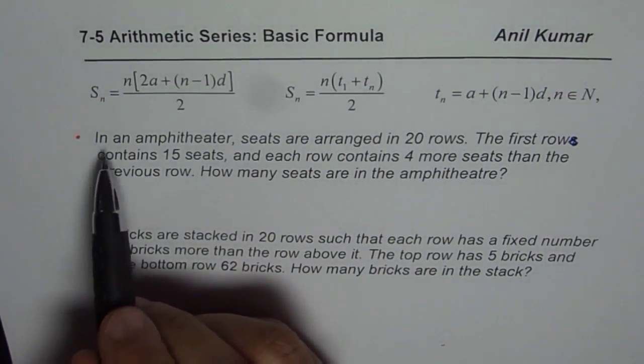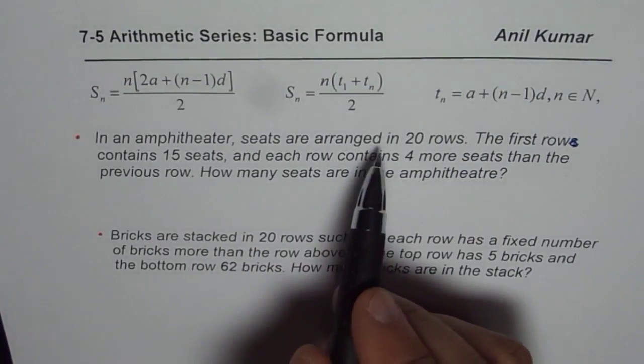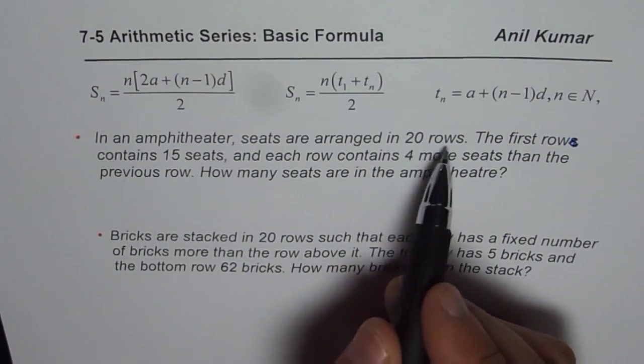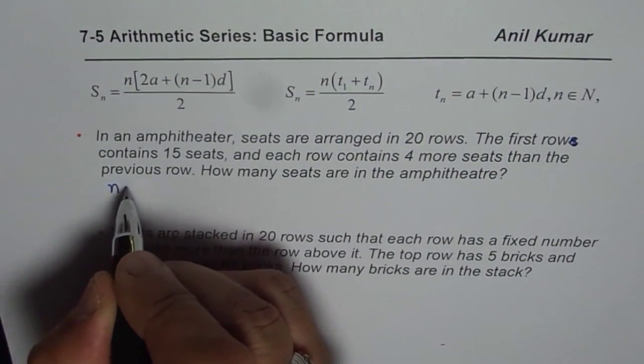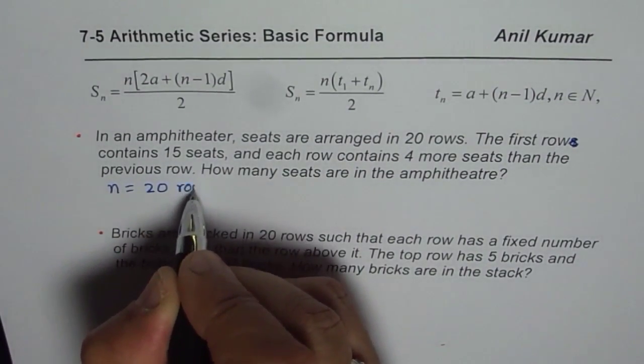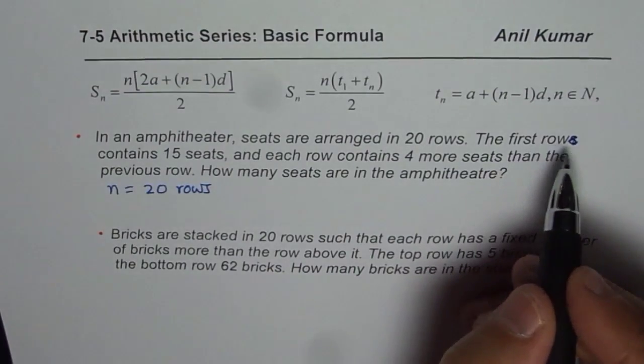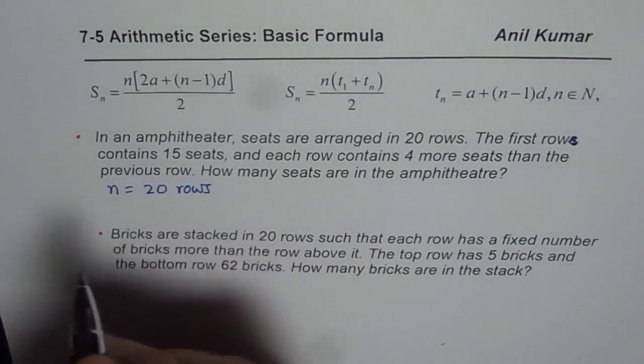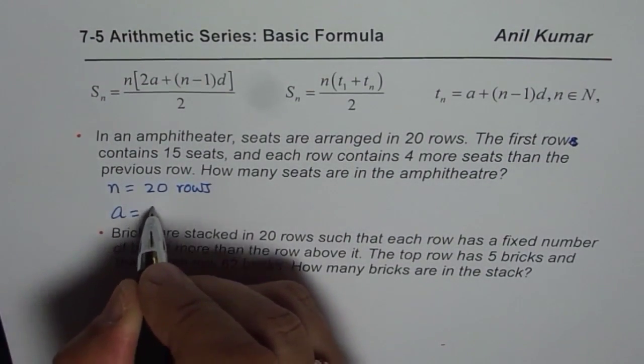It says in an amphitheater seats are arranged in 20 rows. So how many rows are there? 20. We say n, the number of rows, is 20. Do you understand? The first row contains 15 seats. That means a is equal to 15.